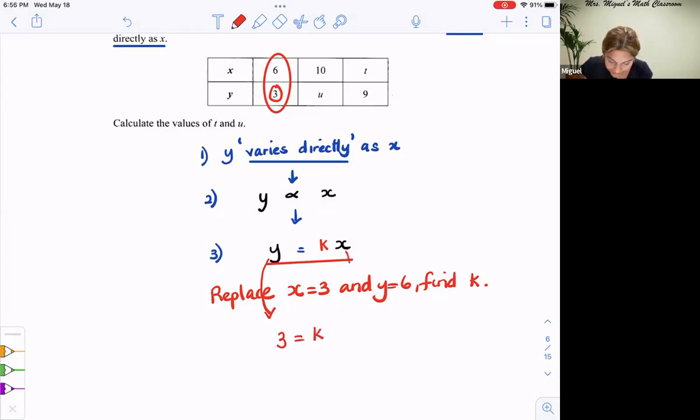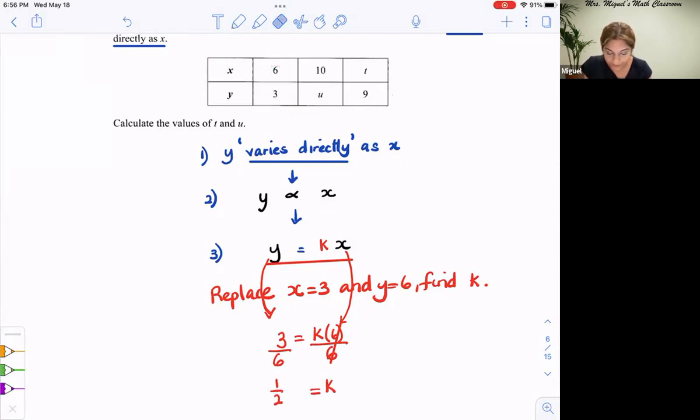Wherever I see x, I am replacing it with 6. So 6 is being multiplied by k. So the opposite of multiplication is division. So I am going to put 6 in my denominator. Here I am going to cancel the 6 and k is a half, right?